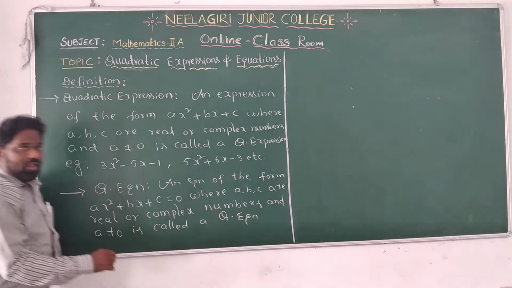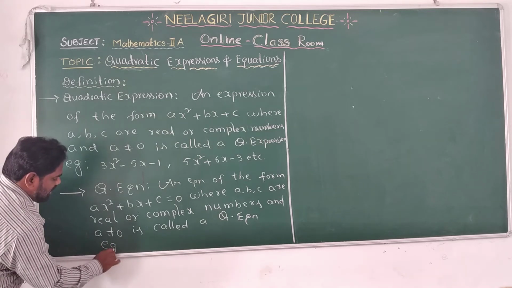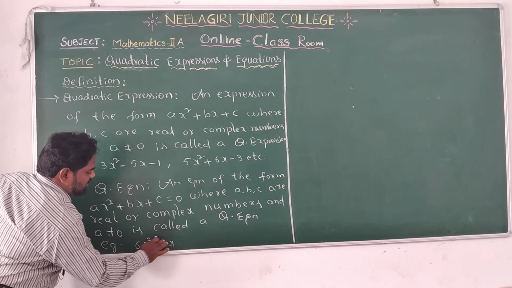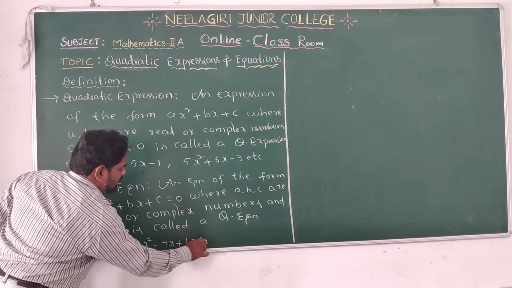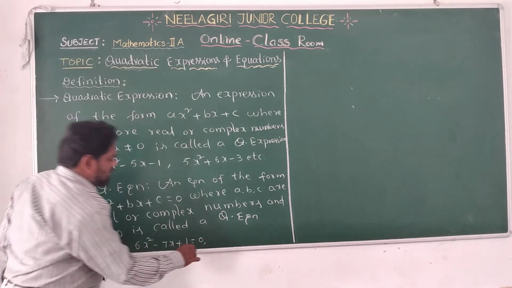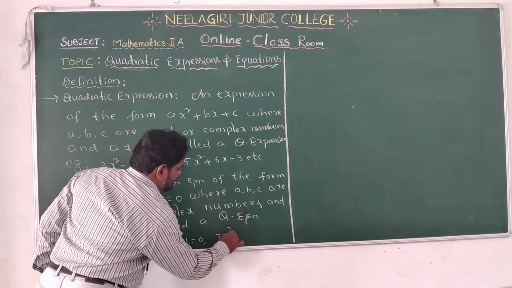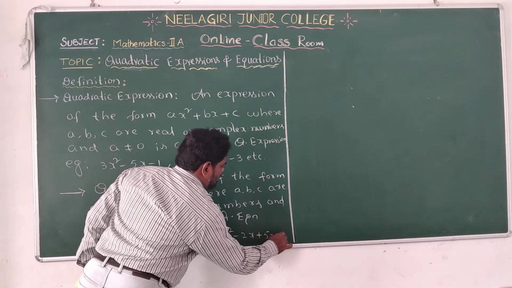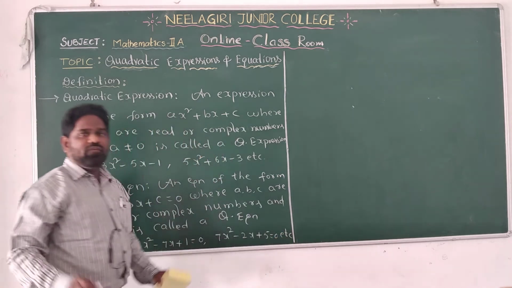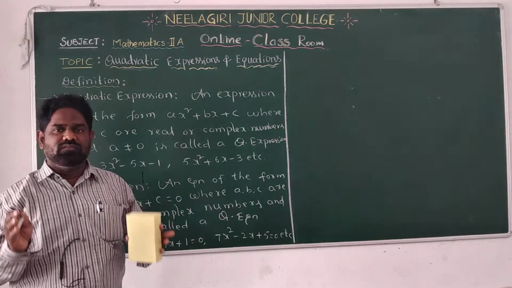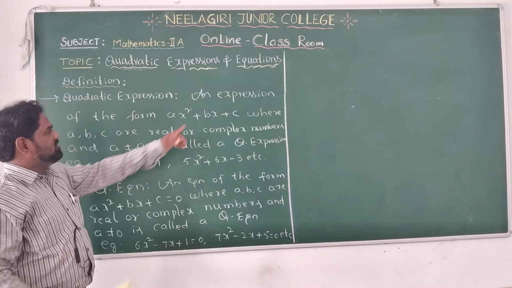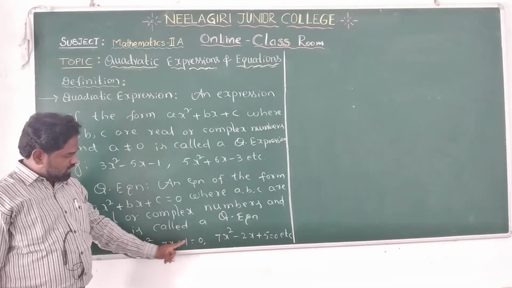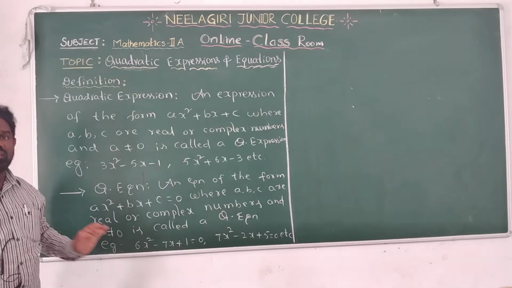We can give an example: 6x square minus 7x plus 1 equals 0. Another example: 7x square minus 2x plus 5 equals 0, etc. The difference between expression and equation: an expression has no equality to 0, whereas an equation has equality to 0.